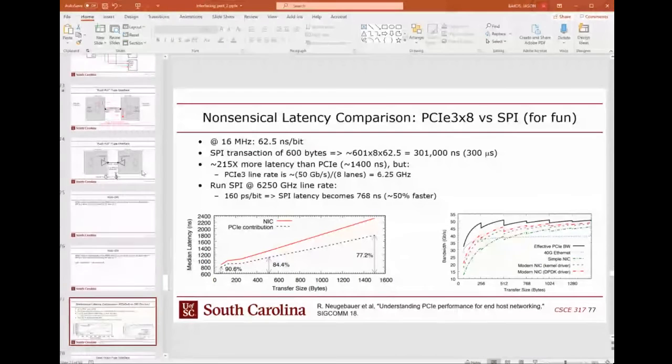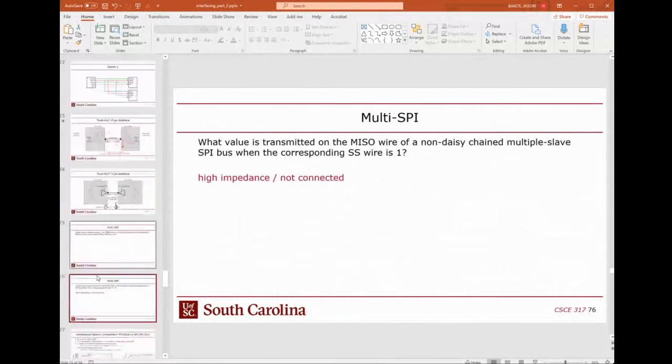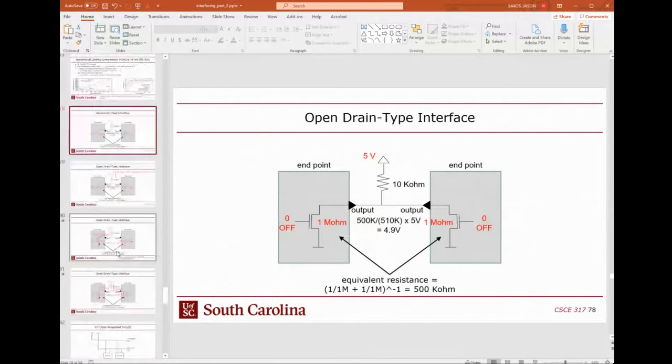All right, let's see. So the next topic was the open drain interface, which attempts to solve that problem by having each device that can potentially send a bit on a shared wire have a pull-up resistor to the power supply, and then they only pull down.